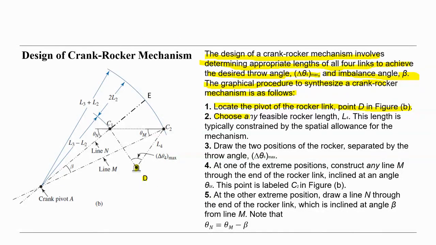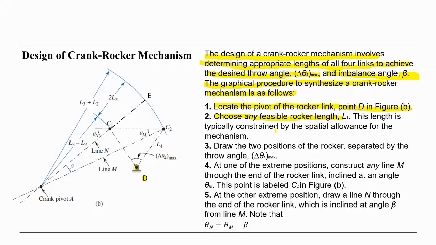Then choose any feasible rocker length L4. We can select any feasible length L4. This length is typically constrained by the space allowance for the mechanism. We can select freely, but we always have to consider where we are going to apply these mechanisms and how much space we have.